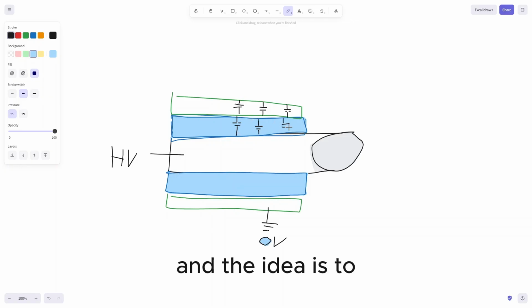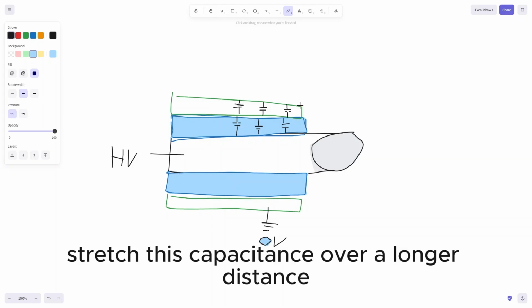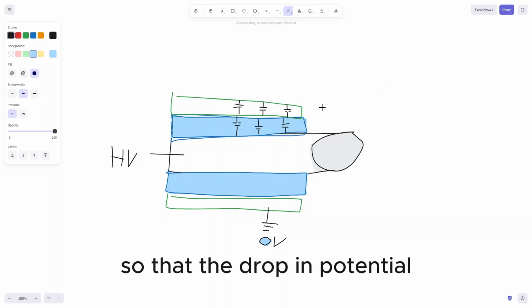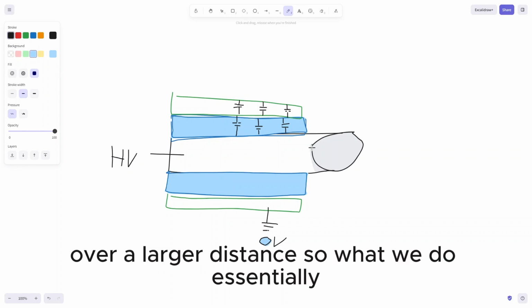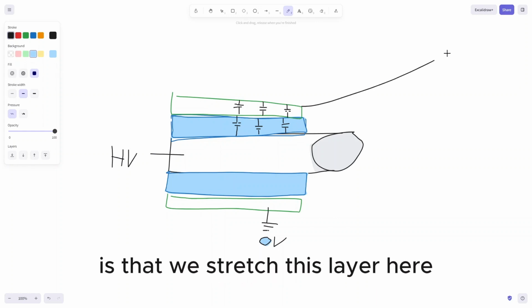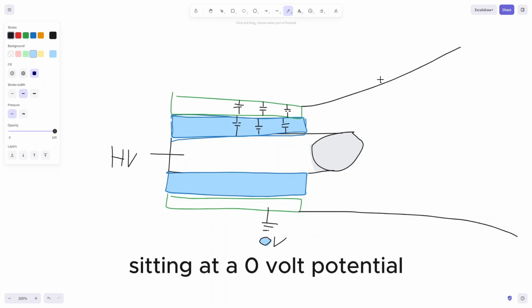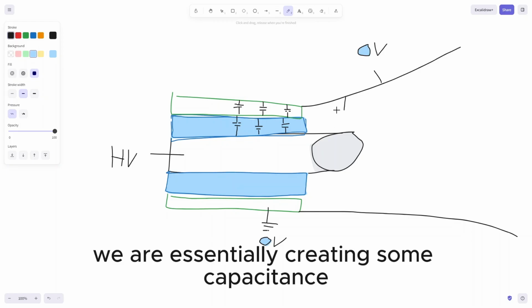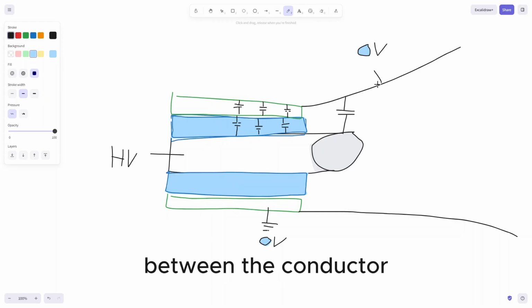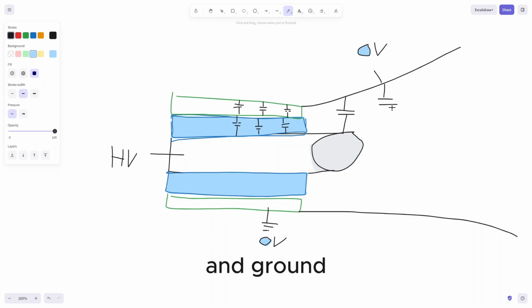And the idea is to stretch this capacitance over a longer distance, so that the drop in potential will be along the surface over a larger distance. So what we do essentially is that we stretch this layer here, sitting at a 0 volt potential. And when we do this, we are essentially creating some capacitance between the conductor and ground.